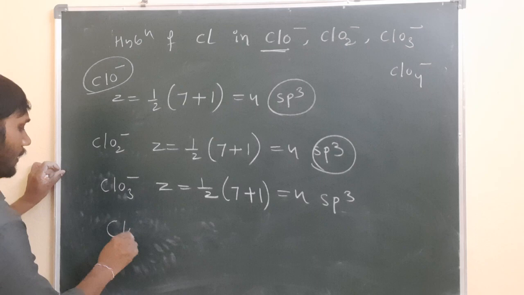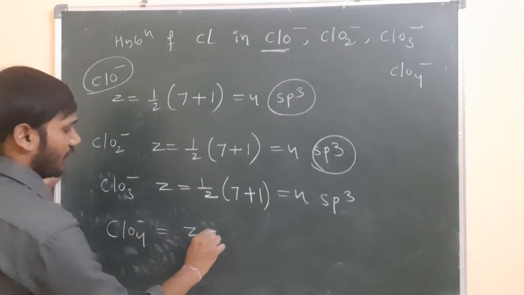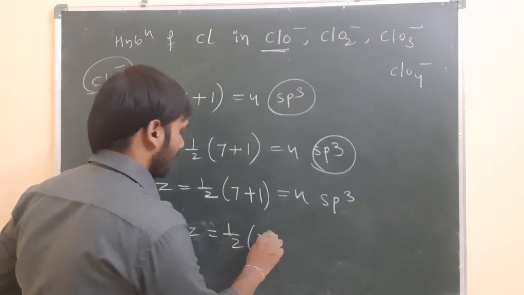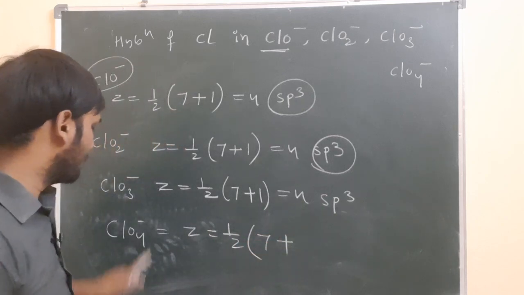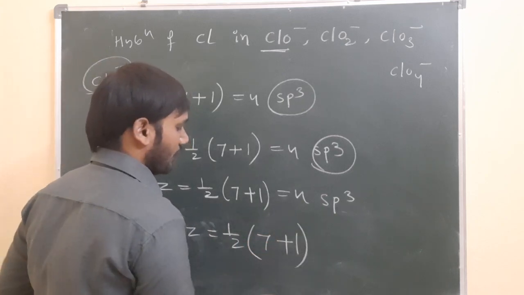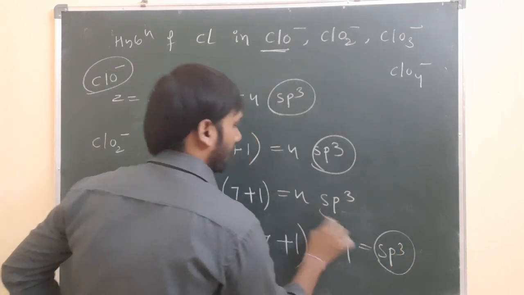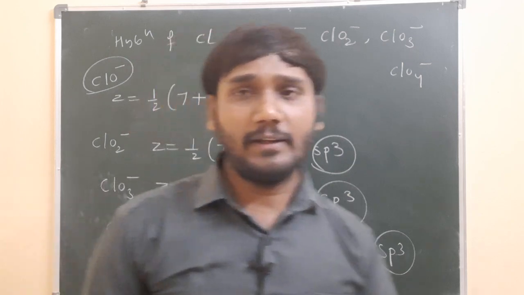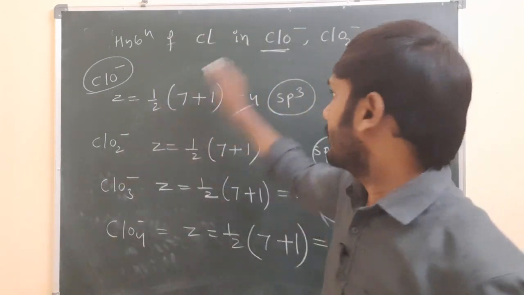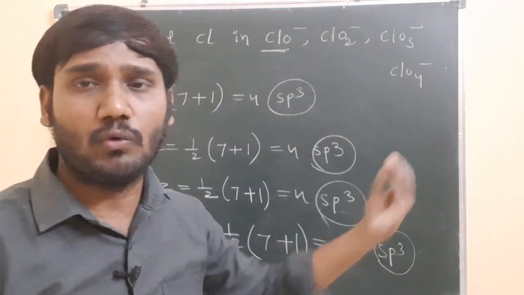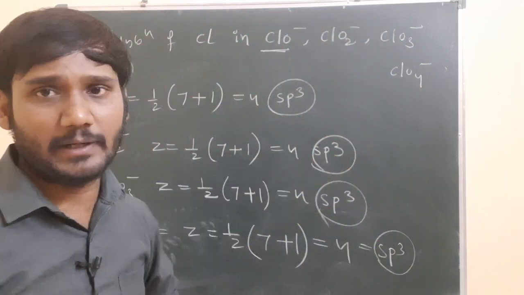Next one, ClO4 minus, Z is equal to half into chlorine 7th group element, valence is 7 electrons plus 1 negative charge, 7 plus 1, 8, 8 by 2, 4, 4 is nothing but sp3. So everything is having sp3 hybridization here. ClO minus sp3, ClO2 minus sp3, ClO3 minus sp3, ClO4 minus sp3, every species is having sp3 hybridization.